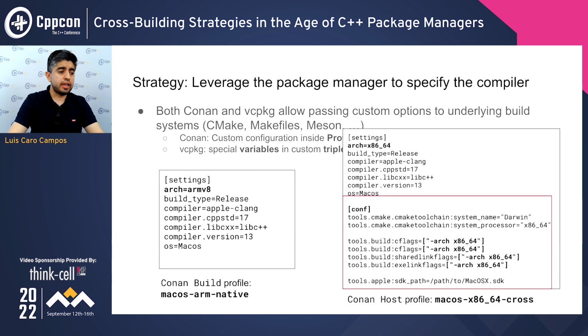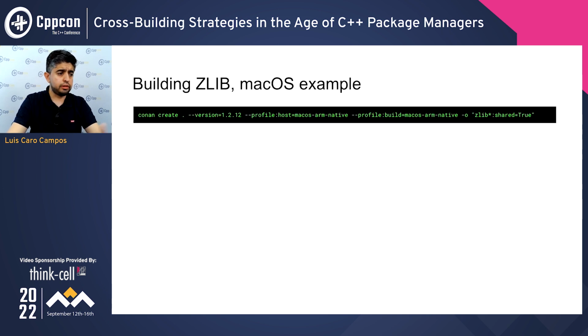With vcpkg, if I'm not mistaken, you can have your custom triplets as well, and it has an interface. We can define some variables in those triplet files that will be passed on to the CMake toolchains. As an example, let's say I want to build zlib, and I want to build it on my machine both for Intel and for Apple Silicon, right?